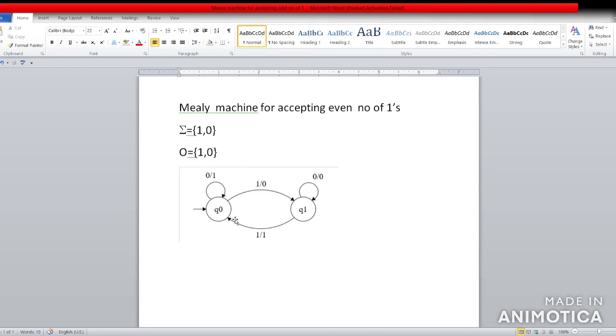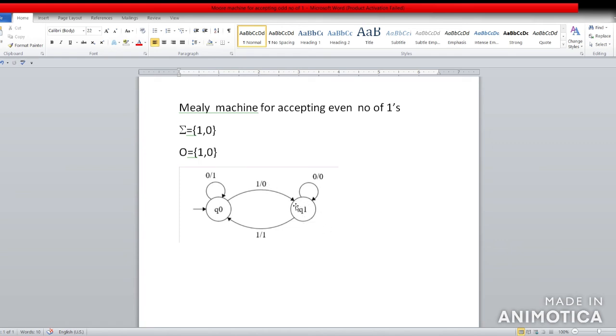Because Q0 is the state where there is an even number of ones. So there is no limitation on number of zeros. So that's why it is in the same state. So when machine encounters the 1, it means that now machine is in the state of odd number of ones. So it goes to the state Q1 with output 0. You can see here input is 1, and with output 0 it goes to Q1.